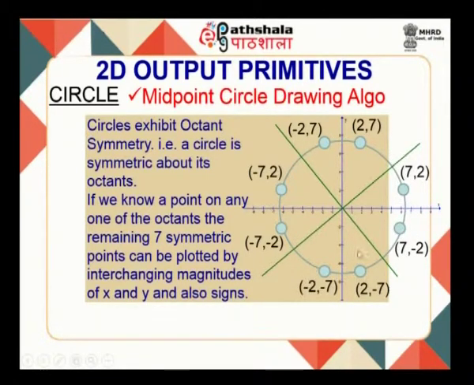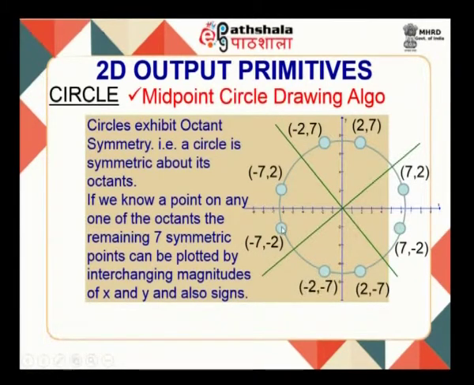For this point, another symmetric point lies in this octant whose coordinates are (2, -7). Again, by swapping the x and y values and changing the signs, you can easily get it. Symmetry is like folding one of the octants about the line of symmetry. Another symmetric point can be computed like (-2, -7), which just gives an extra sign for the x coordinate.